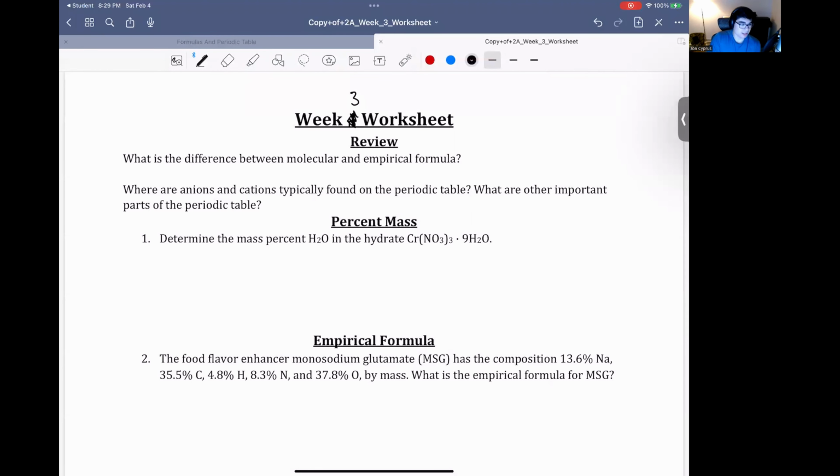Right, as we said in the last worksheet, the empirical formula is the most simplified ratio of elements, while the molecular formula is the actual ratio, or the actual observed ratio, whatever, right?